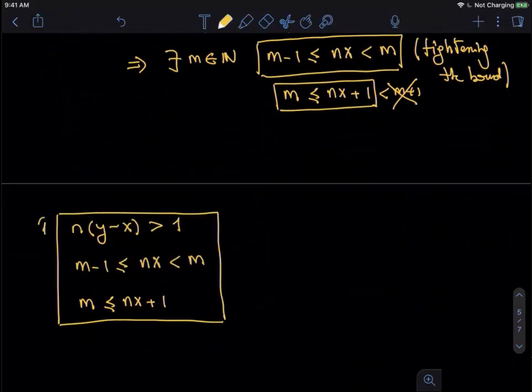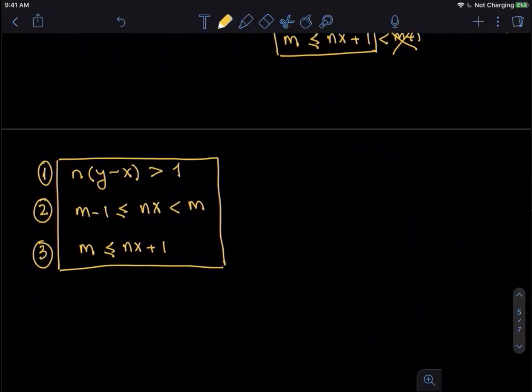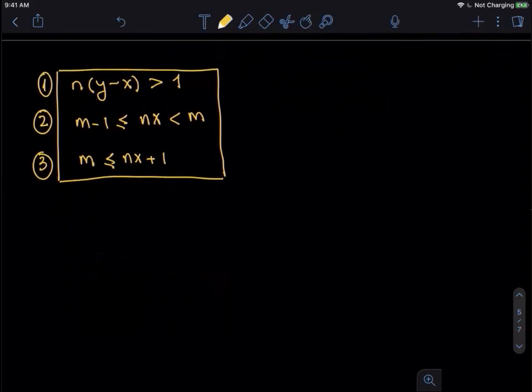Let's just number them so that we can track the argument. This is the byproduct that we needed from before. Now let's follow the chain of inequalities. For example, let's start with number 3. Notice that m appears also in number 2, so we can right away use it.